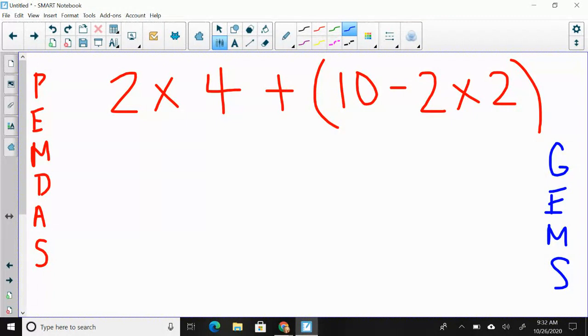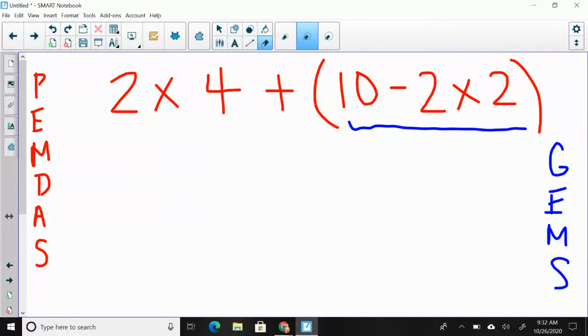Andrew? Yes. This right here is inside of my group, okay? But inside of my group, I have more than one operation. So we have to now think about that. All right, so we do have a group.